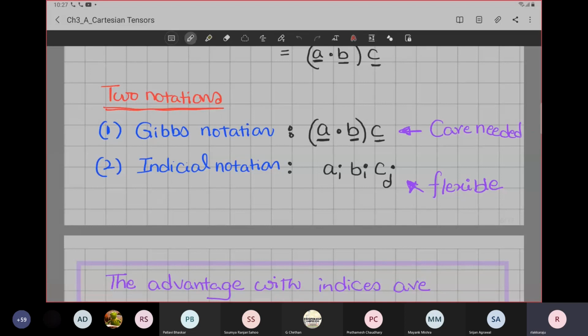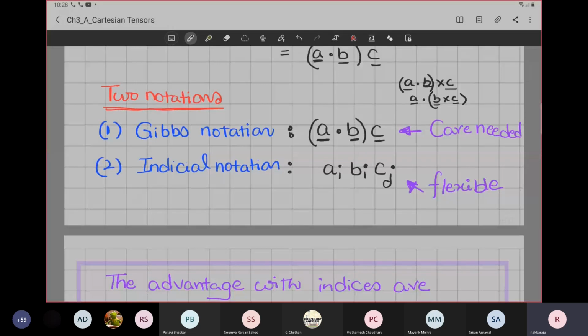Whether I write it in this way or in this way, which one is permitted? The second one. It depends on how people write it and so on. It is so difficult to handle this. I just gave one simple example.